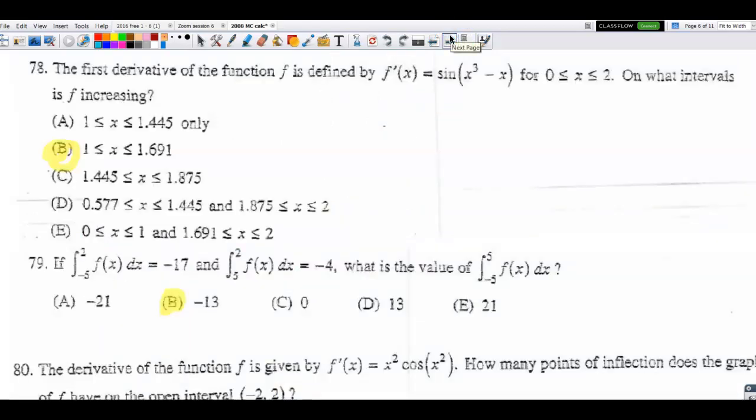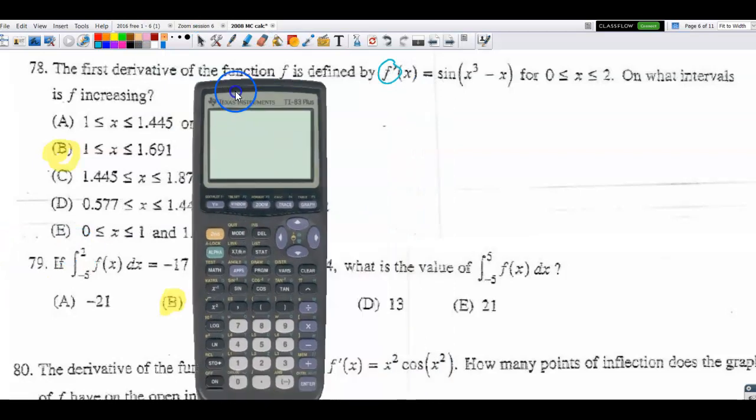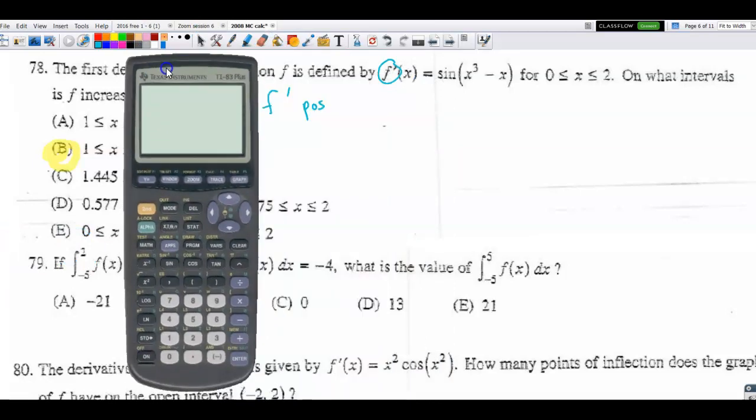In number 78, the first derivative of a function is defined by, so this is the first derivative, and we're looking for the intervals on which f is increasing, so we're looking for f prime to be positive. So I'm going to bring up my calculator, and I'm going to let the calculator do the work for me.